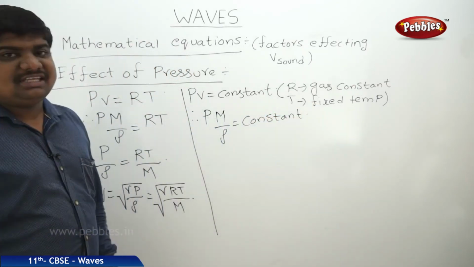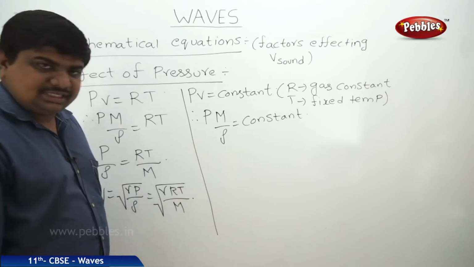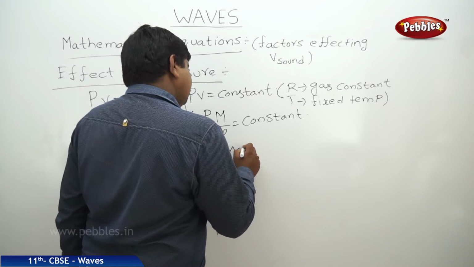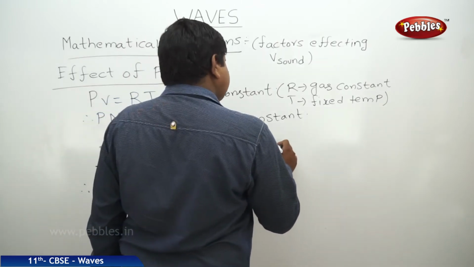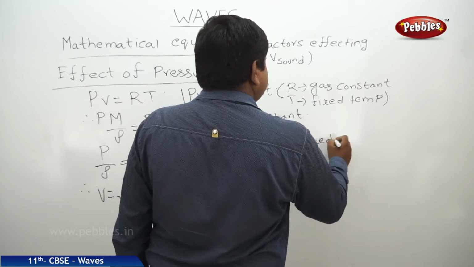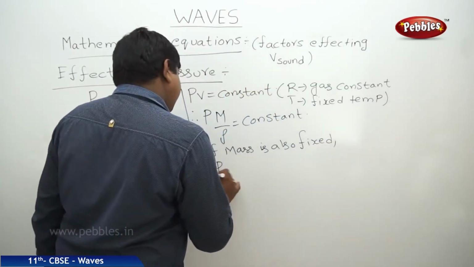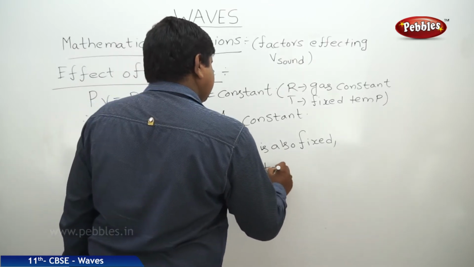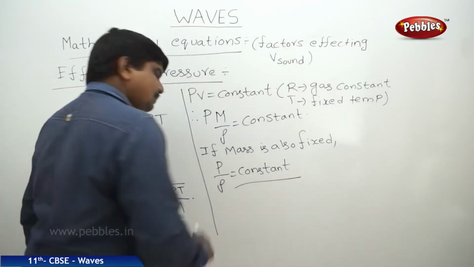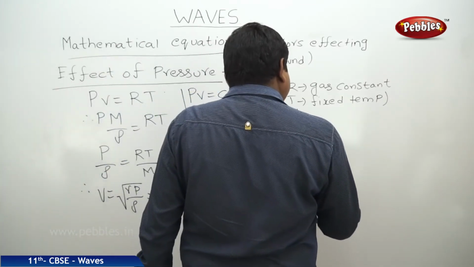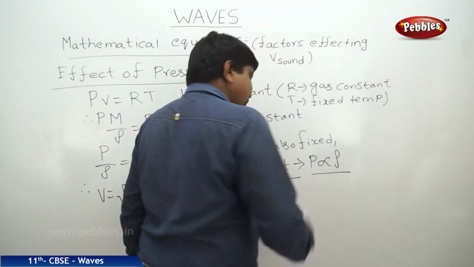Suppose if mass of the substance is also fixed or constant, then P by rho is also equal to constant. This tends to P is proportional to rho.